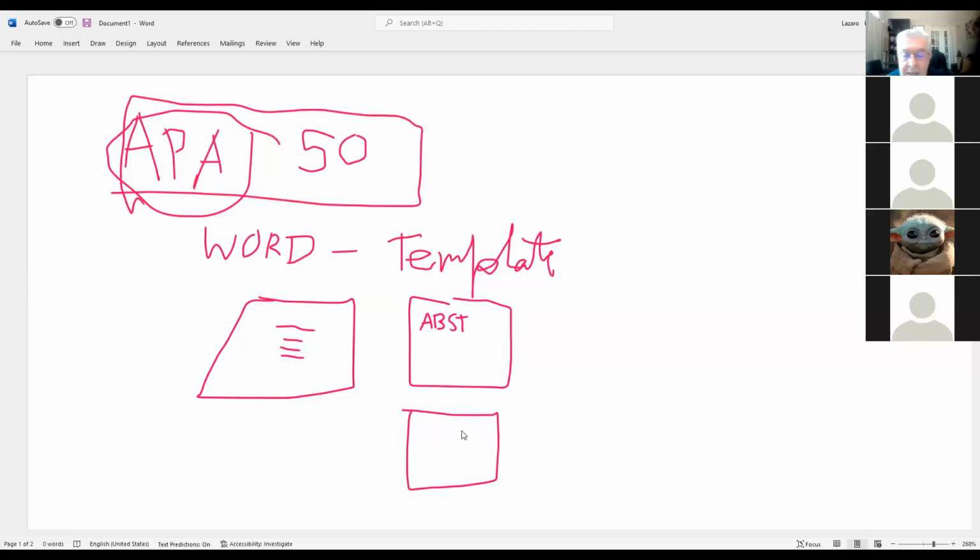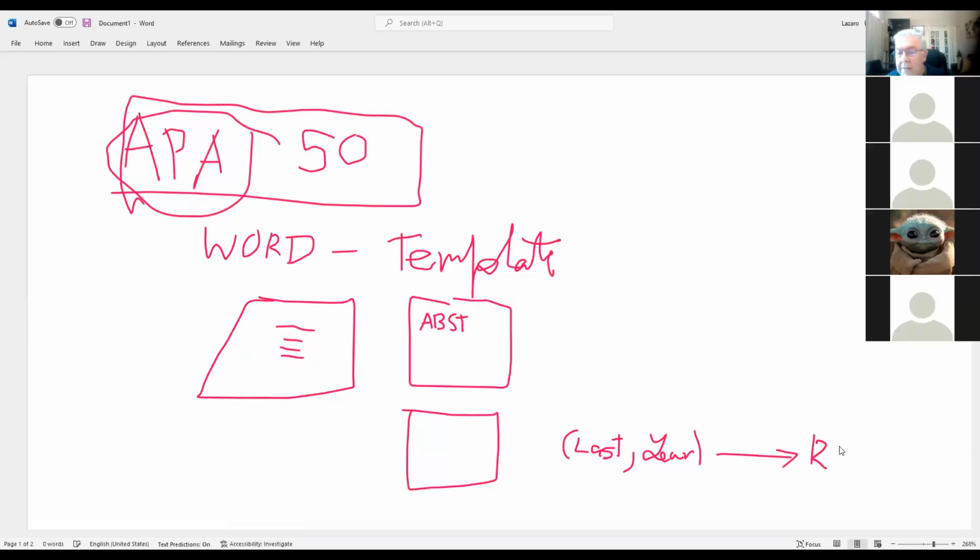And every time you use an idea from somebody, you have to put into parentheses the last name of the person, comma, and the year of the publication. This will be in references, all right?